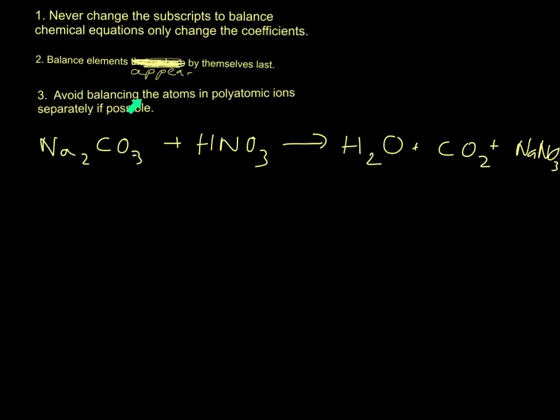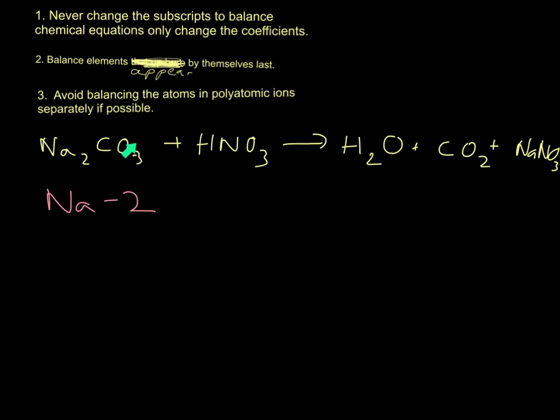Avoid balancing the atoms in a polyatomic ion separately if possible. This equation gives us the perfect example. We start off taking our inventory. I have 2 atoms of sodium. Then I have my sodium attached to my carbonate ion, CO3. I have the option of balancing the carbon separately and then the oxygen separately, or balancing it as a unit.